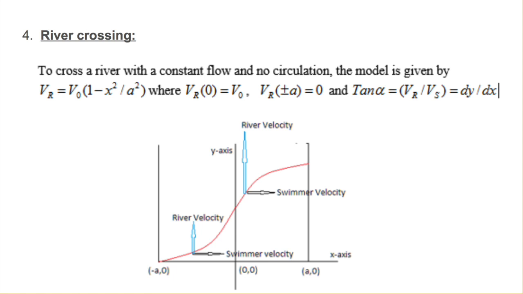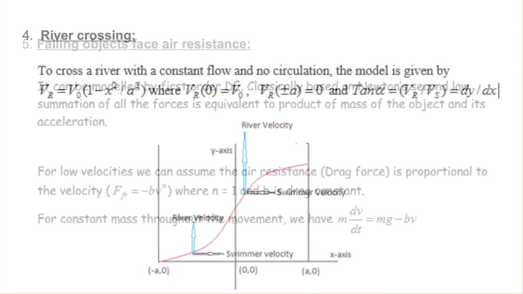Substitute the velocity of the river as given. Then, we can get the first-order differential equation, which is dy dx equal to the initial velocity of the river over the swimmer's velocity times 1 minus x squared over a squared.